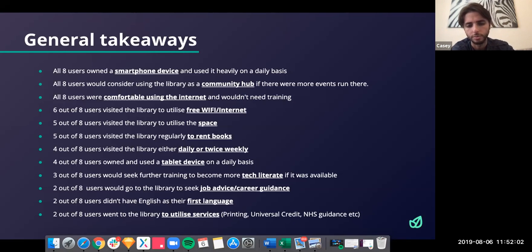It was easy for him to sit down, plug his headphones in, and start making music. Outside of that, he said he didn't really use any of the library resources because there wasn't really any resources that he couldn't find online already. He felt as well that they didn't really offer any resources that he really knew about, so maybe the signposting wasn't that great for him.